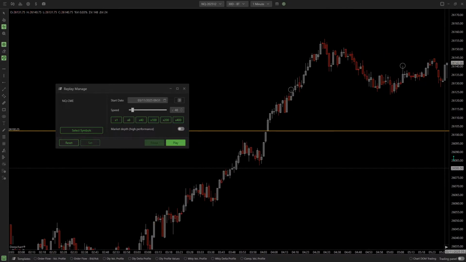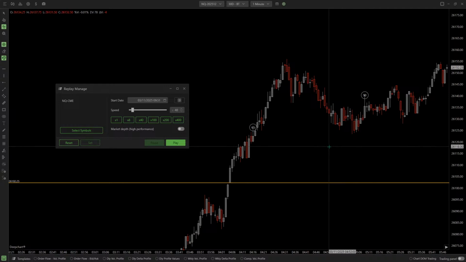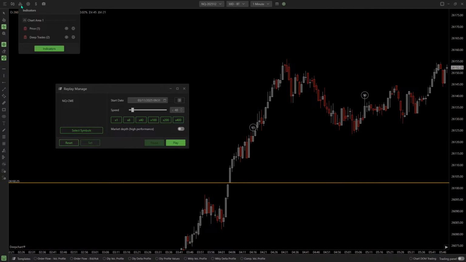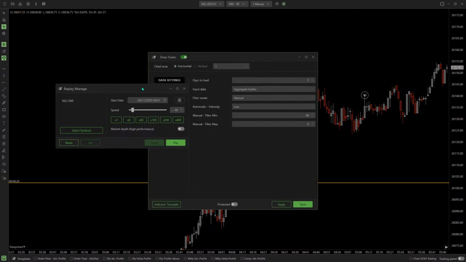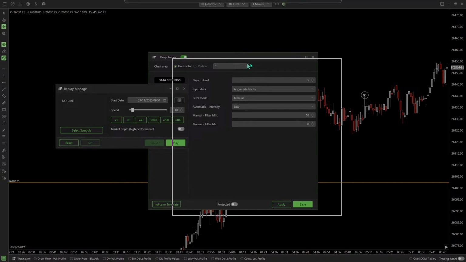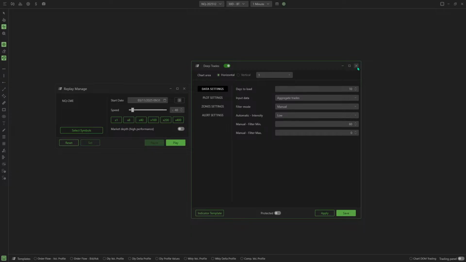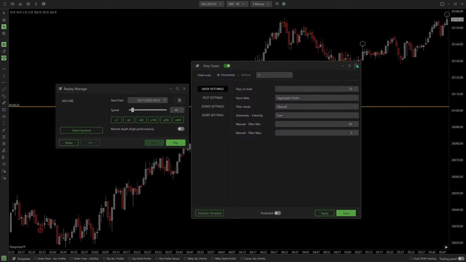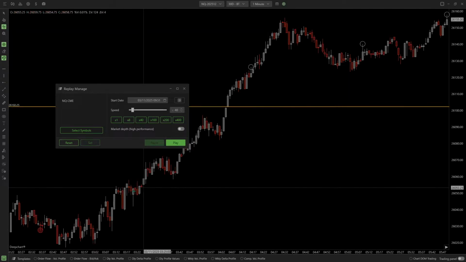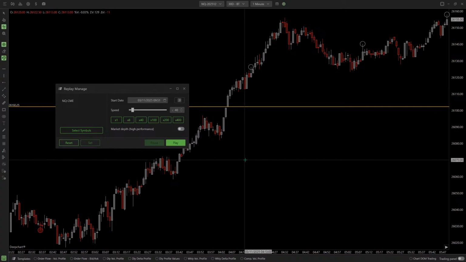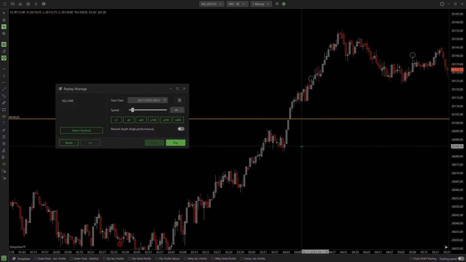Okay, what I think though is my threshold for big deep trades is I don't have enough days to load. Let's try 10. Yep, that works. Okay, so what's interesting at this level, we got this big gap, right?